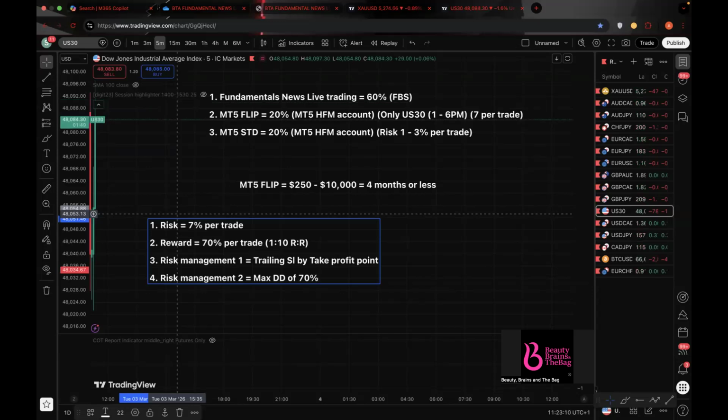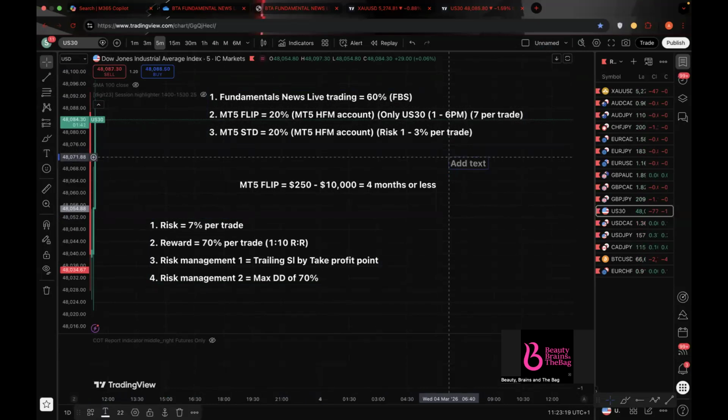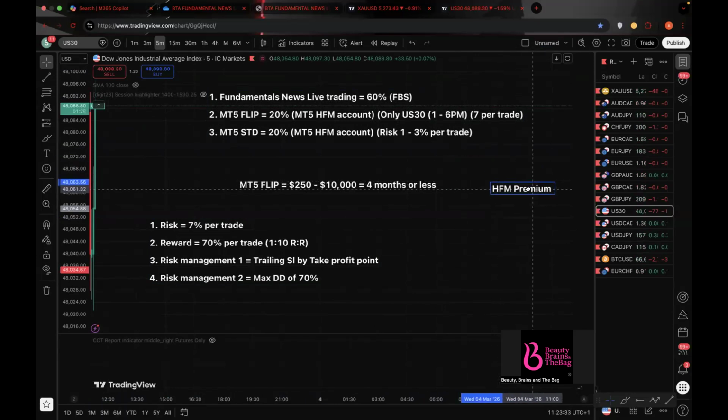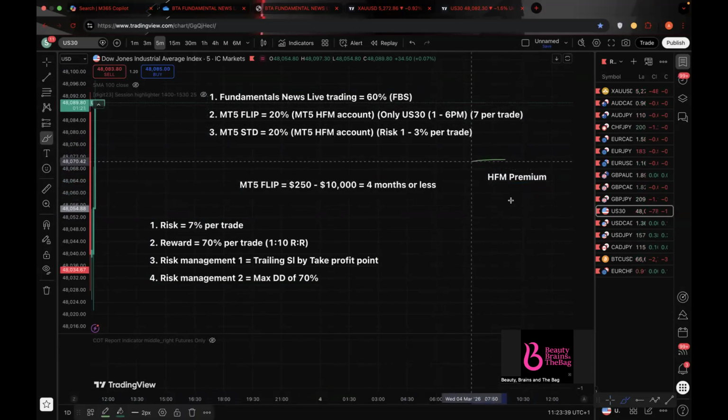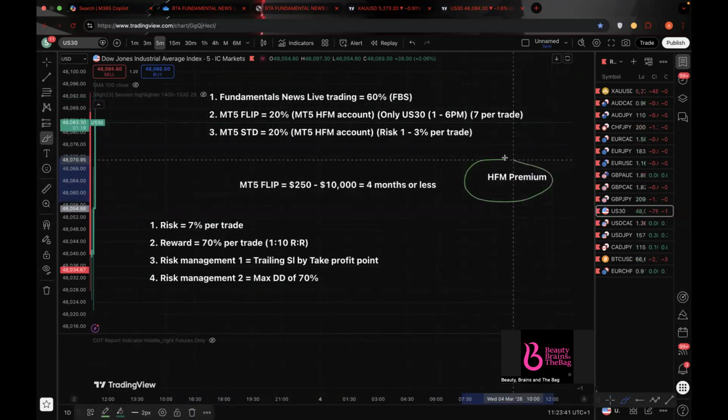So before I go into explaining these rules, let me explain why you should use HFM accounts. HFM Premium. The entry parameter, the stop loss, and the maximum TP which I'm going to put in are all going to align with the pricing of HFM Premium accounts.